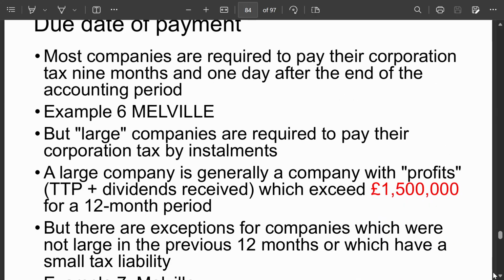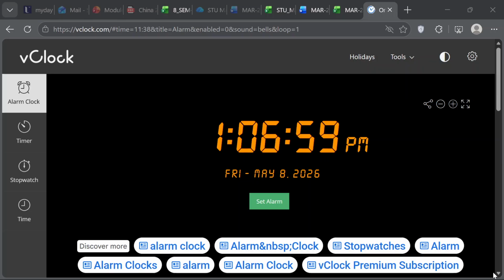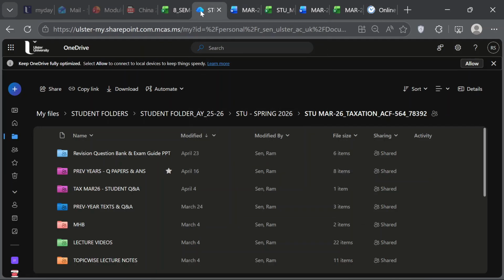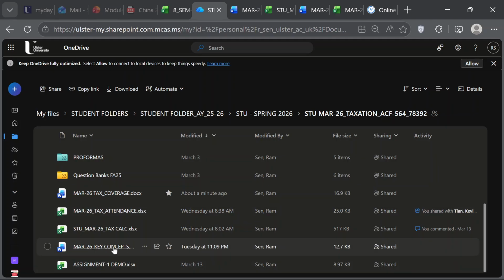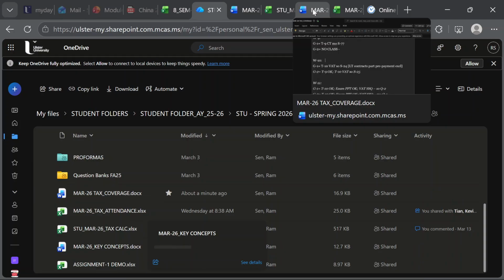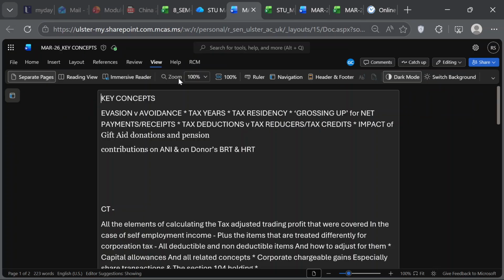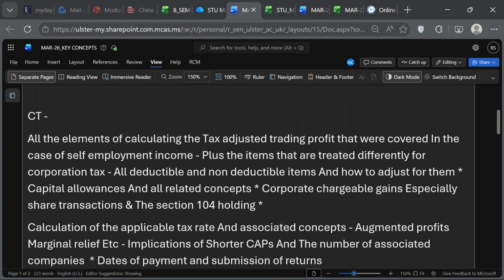Now, due dates of payment, I'm not going to spend much time on it. Now, one of the things you'll notice is that I have made this file. I don't know where this file is. Maybe this one. Okay, so in your folder, you will see one of the files is actually called Key Concepts. The file is not complete yet, but in this Key Concepts file, I'm trying to write down for each of the topics.